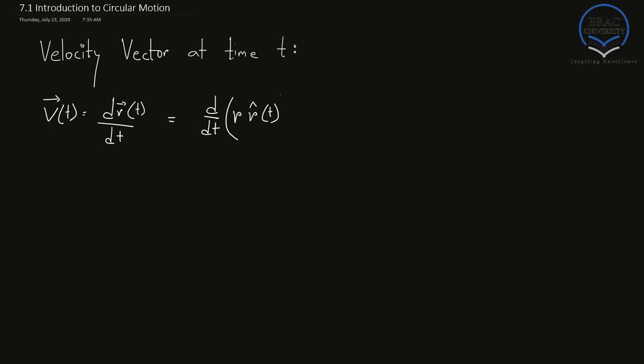Of course, in circular motion r is some constant, and you pull that out of the differentiation, so you have r d by dt of r hat of t. This unit vector r hat of t is different at different points in the motion, so it makes sense that this can be differentiated with respect to time.